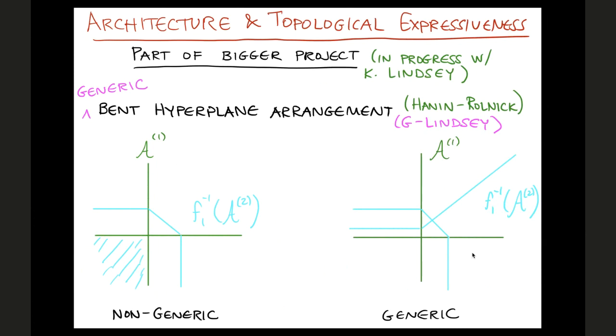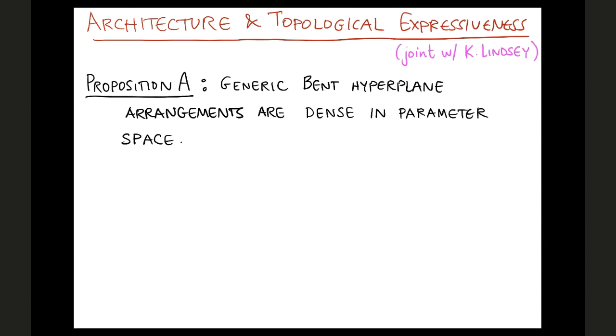And so you have to say precisely what you mean by a bent hyperplane arrangement being generic. It's a little bit more finicky than you might want it to be. But once you get the definition right, then everything that you want to be true is true. Generic bent hyperplane arrangements are dense in parameter space.